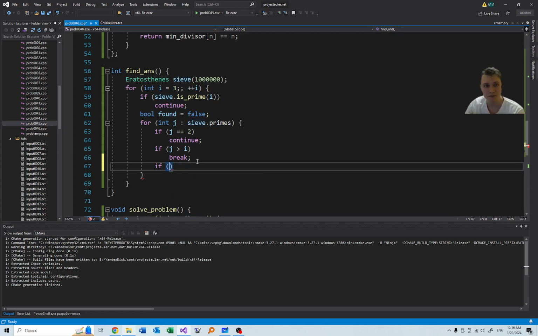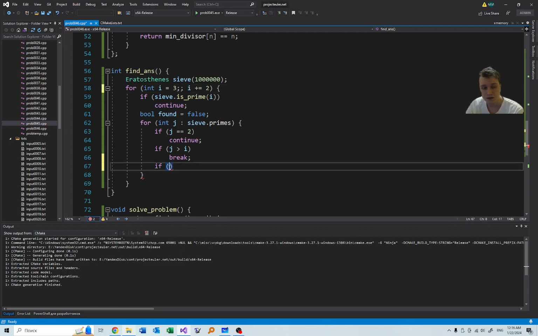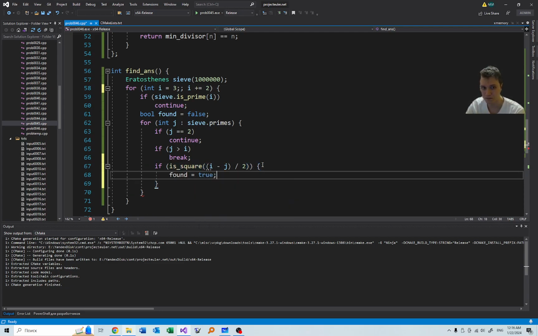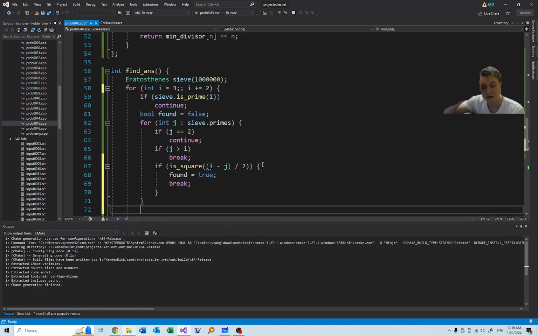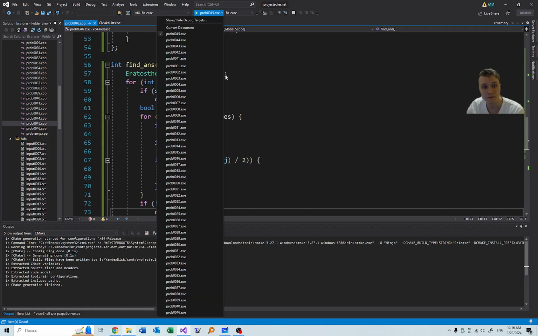If we want to check, first of all, it's i plus equals 2 here. So if i minus j divided by 2 is a square, then found equals true. And here, if we didn't find anything, then we return i as the minimum counterexample.